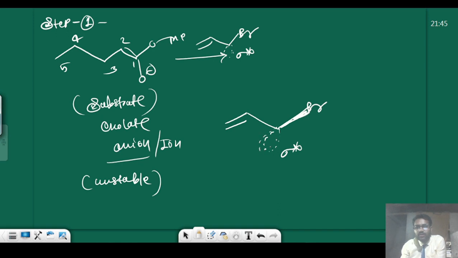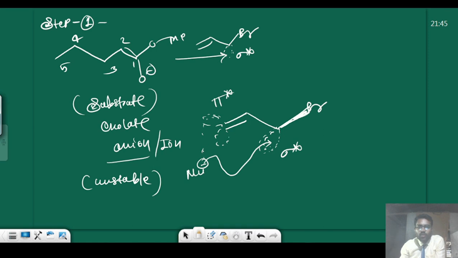There are two possibilities: the nucleophile can attack this sigma star orbital, or it can attack the pi star orbital of the sp2 center.